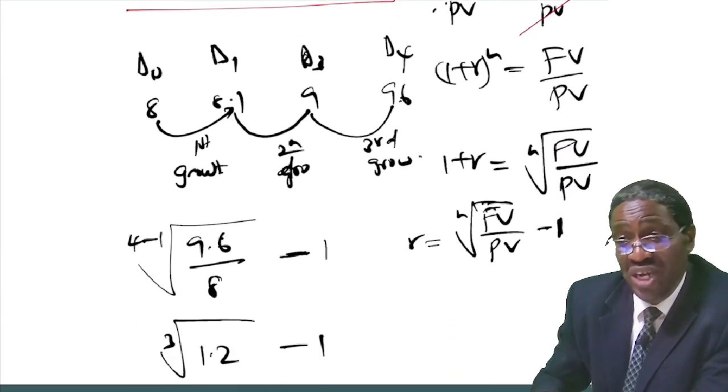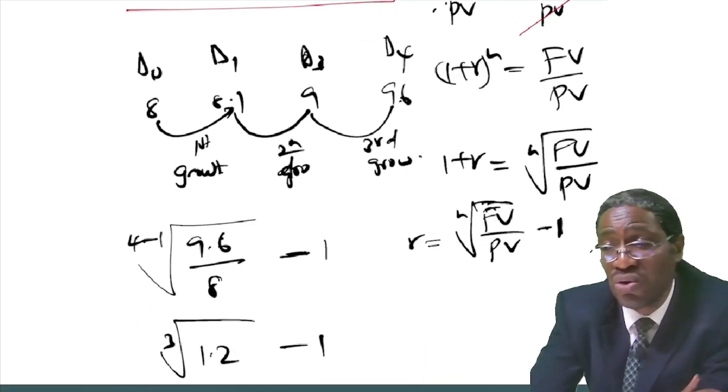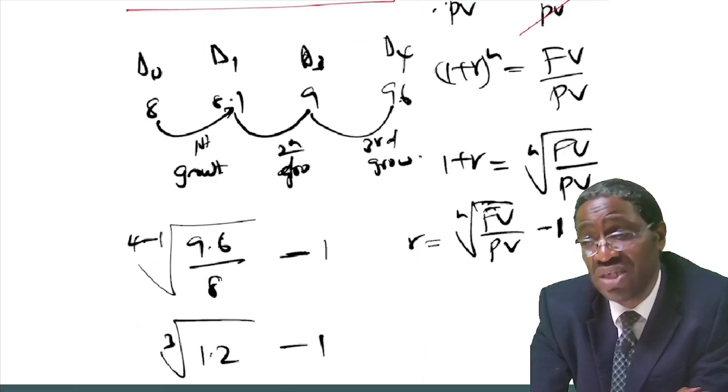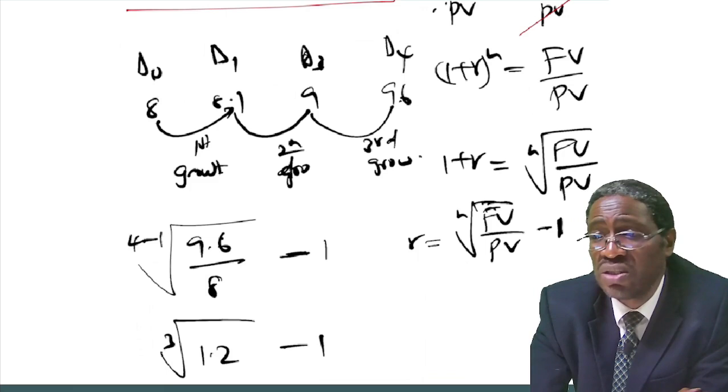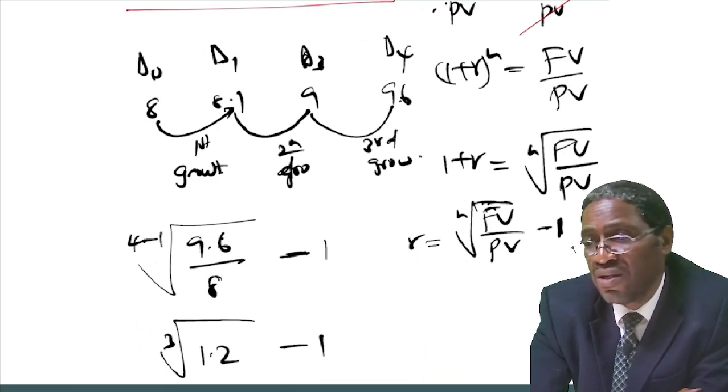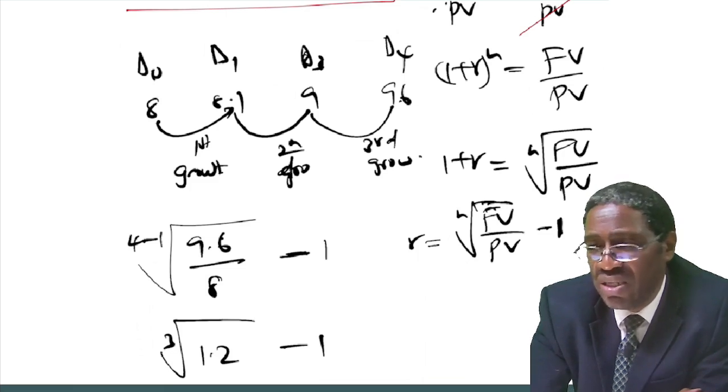I've already also illustrated how to compute growth rate using this history of the dividend: D1, D2, D3, and D4. Our D0 was 8. Our D4 was 9.6, so D4 becomes our Dn, and 8 becomes our D0.